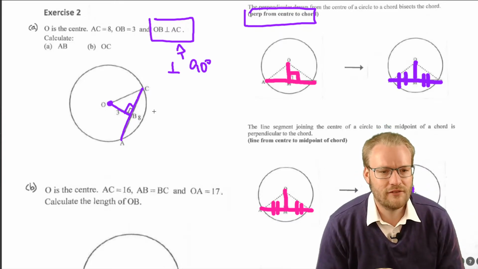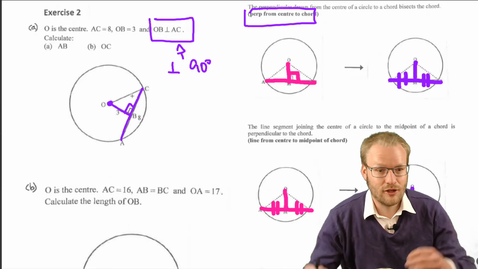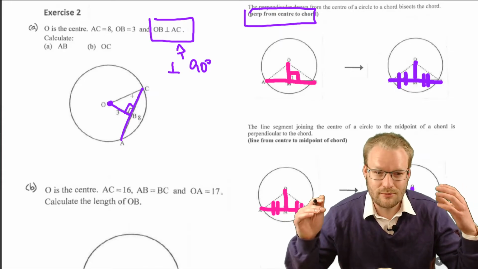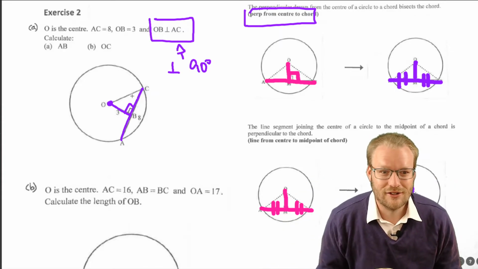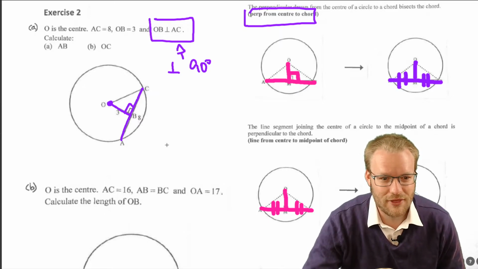If you're given that, what do we know? We know that this is cut in half. So if that whole thing's 8, you know what each of those is. If that's 3 and that's 4, and you're in a right angle triangle, whose theorem do you think you're going to use plenty in this? Yes, our dear old friend, Pythagoras.